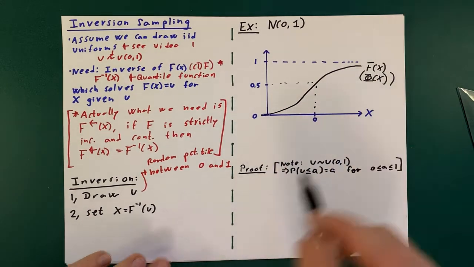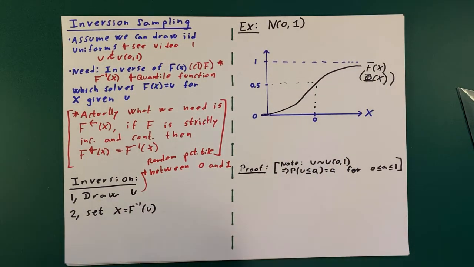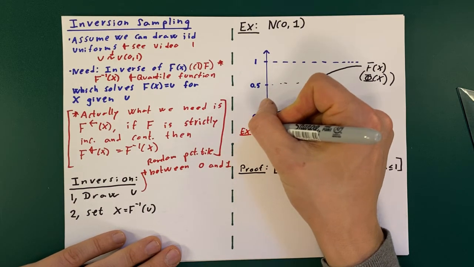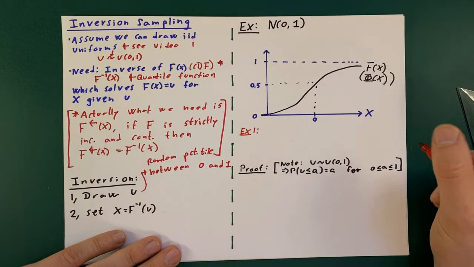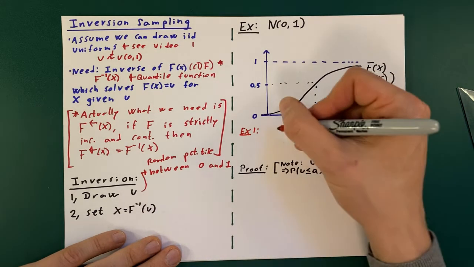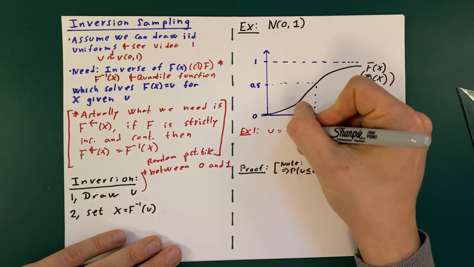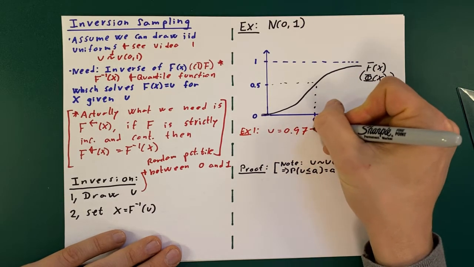So let's try to draw what inversion sampling does. Let's call this example 1. Suppose we draw our u and we get the value 0.975.